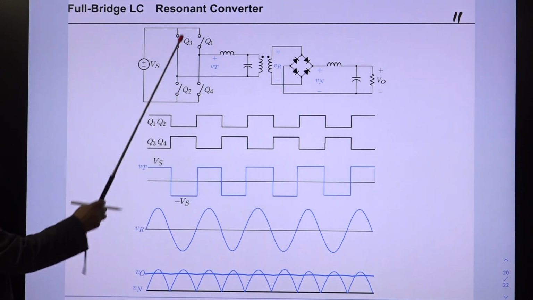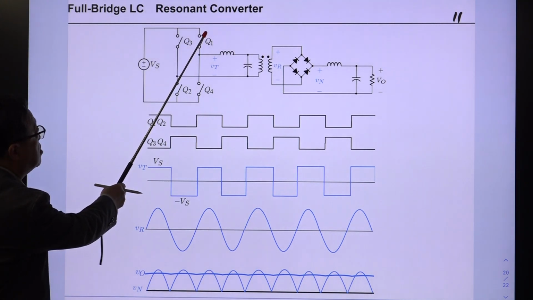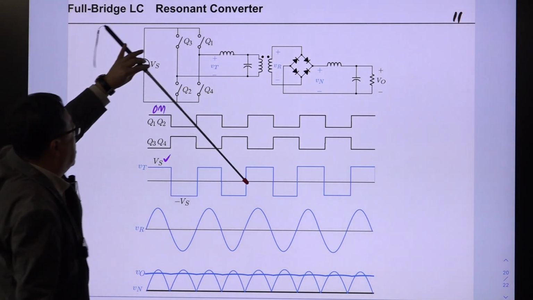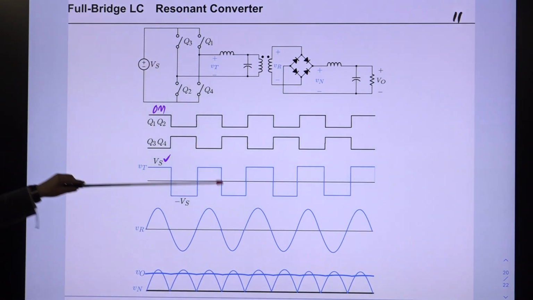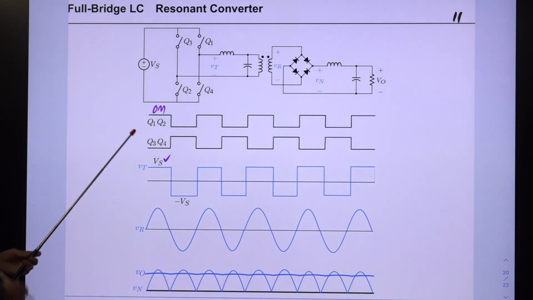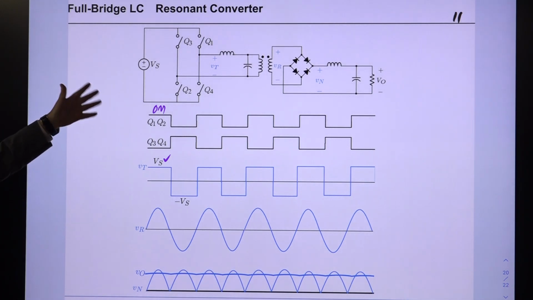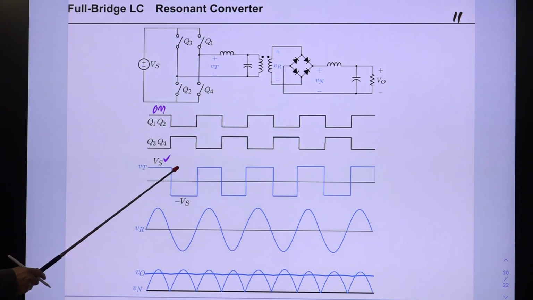So when Q1, Q2 are turned on simultaneously, our voltage VT is Vs. Then these two switches are turned off, and the other diagonal elements are turned on. Then you have negative Vs. So you generate a pulse wave from here, like we did with the single SPT switch. You are using this bridge network to generate this, right?